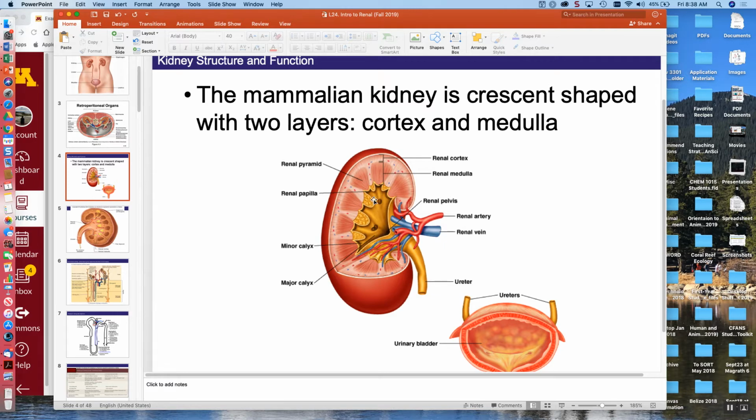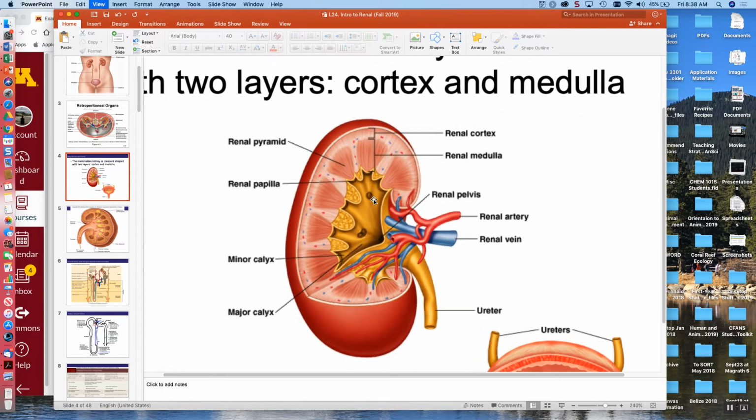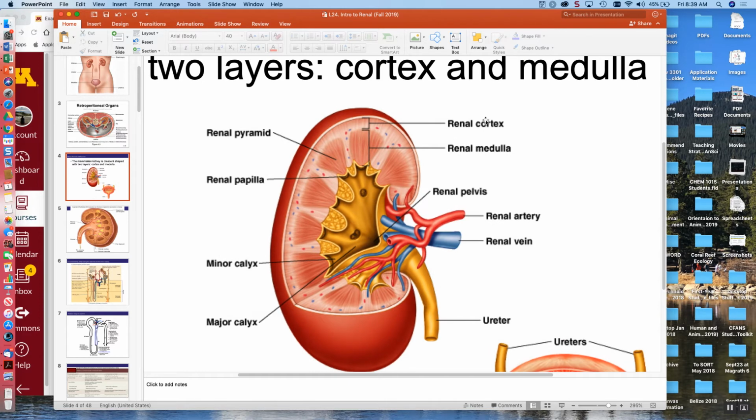All right, so I'm going to blow this up one more time. Please know the difference between the renal cortex and the renal medulla area. The tip of the candy corn, like I just talked about, is also called the renal papilla. Your primary urine is modified in the nephron, in the tubes, as the fluid flows through.